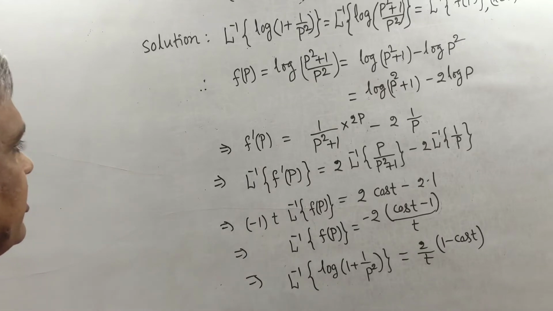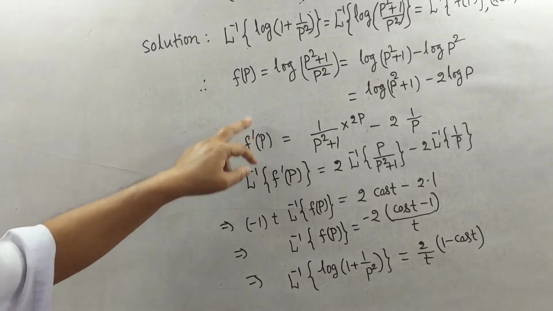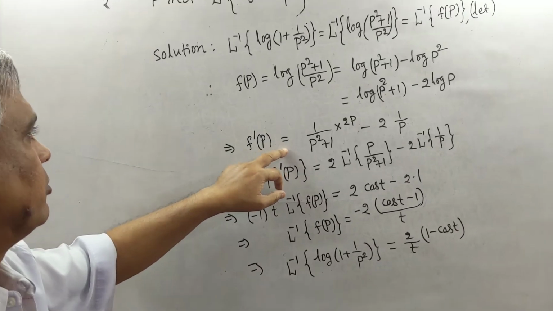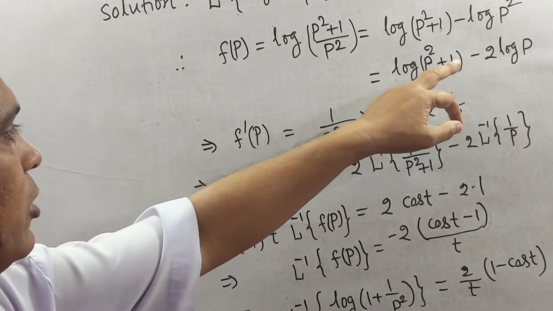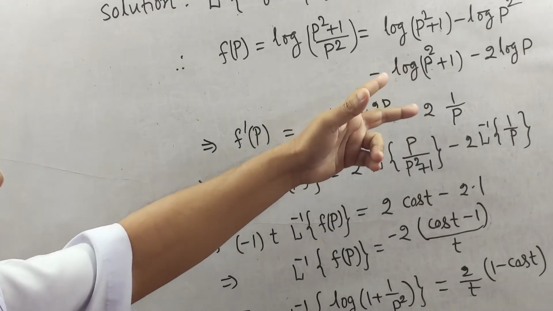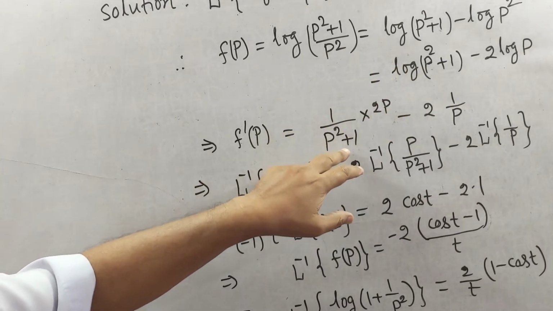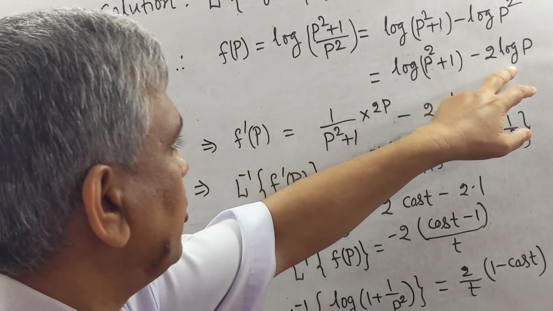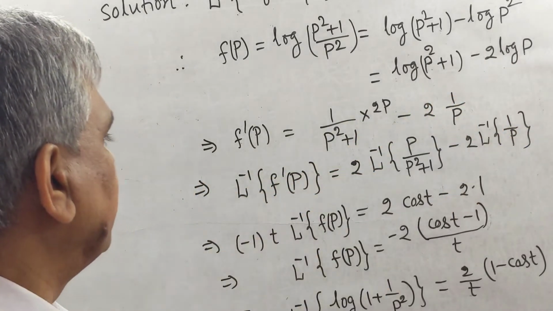Now differentiating both sides with respect to p, F dash p on the left side equals, for log(p square + 1), the differentiation is 1/(p square + 1) multiplied by 2p. Differentiation of log p is 1/p.